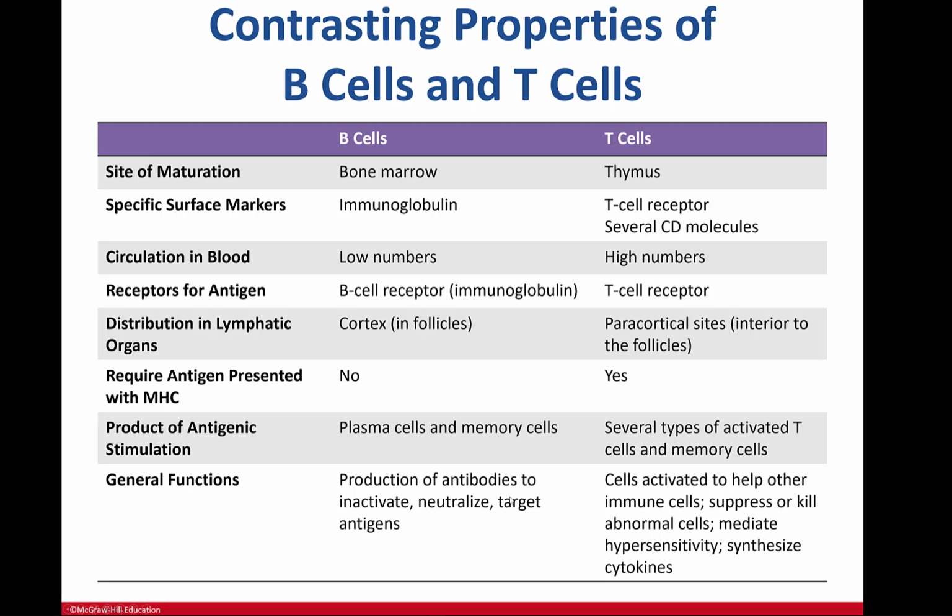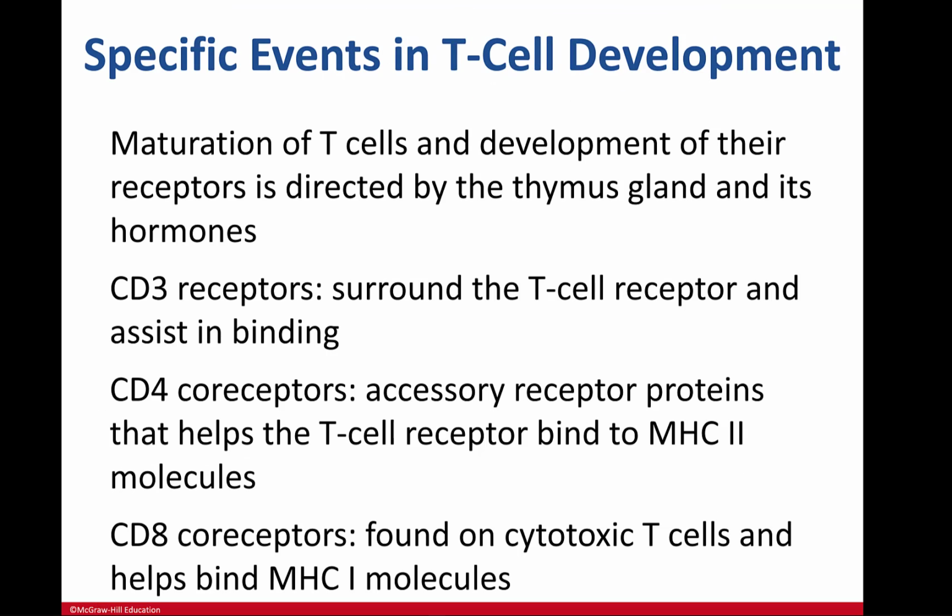This saves time, working easier and smarter to get the job done. So the general function of a B cell is to produce antibodies, inactivate, neutralize target antigens, where T cells help other immune cells, suppress, kill abnormal cells, mediate. It's all regulatory type of functions and works with the major histos to verify everything.